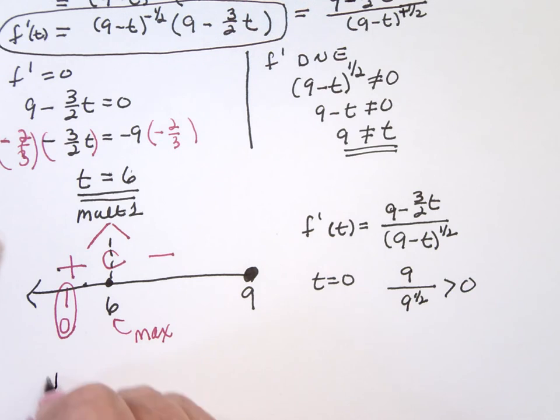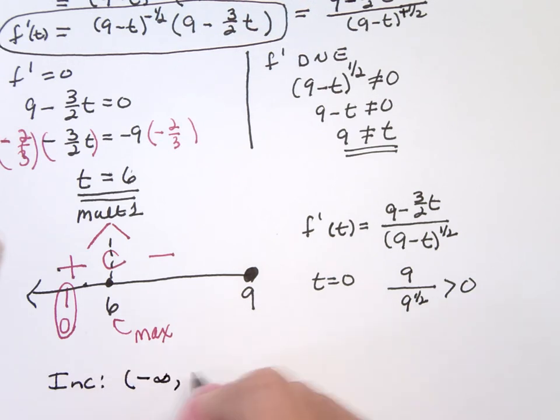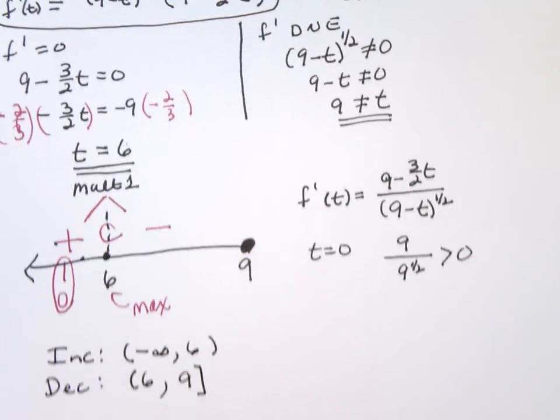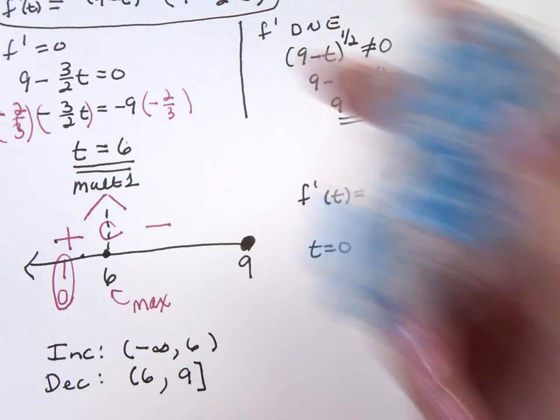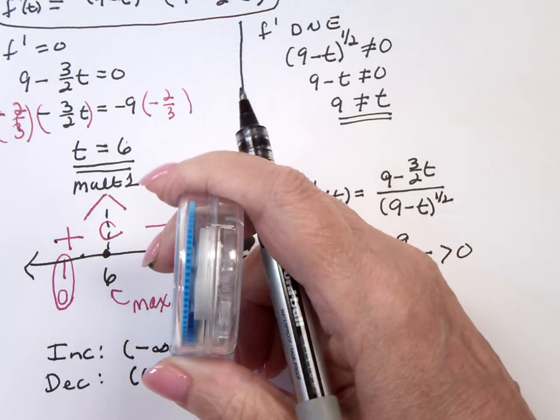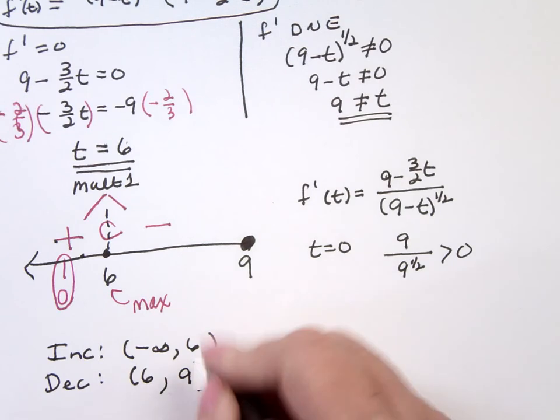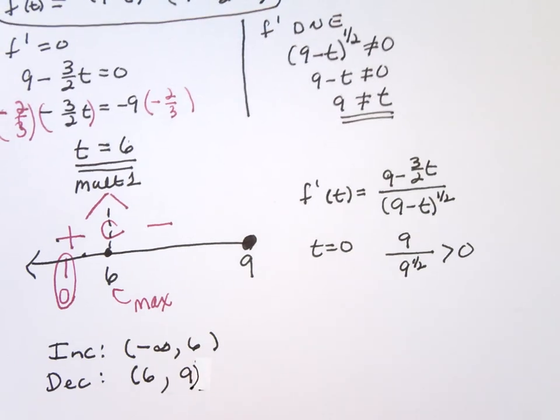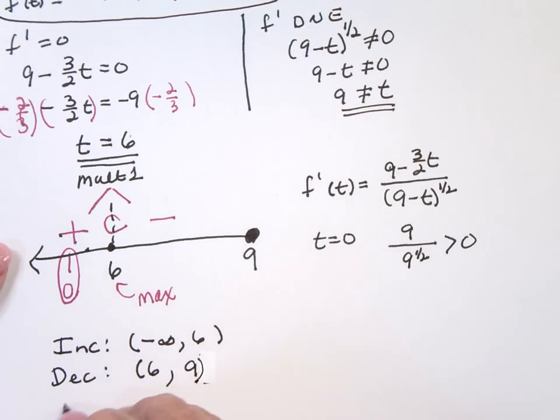So it's increasing from negative infinity to 6, decreasing from 6 to 9. And actually, that's not a square bracket at 9, because when you're stating increasing and decreasing, they're always open parentheses because it doesn't include the number. And I have a relative max at t equals 6.